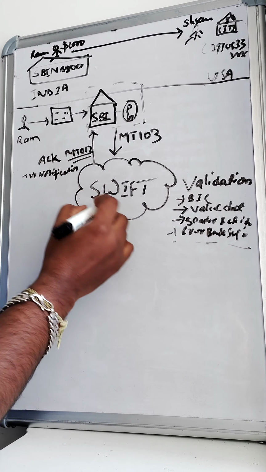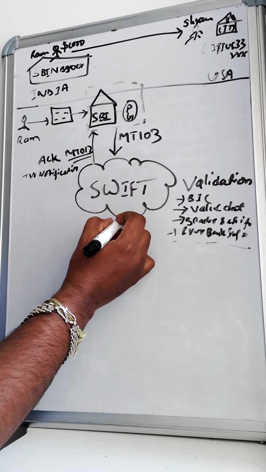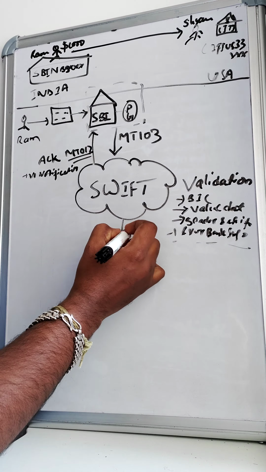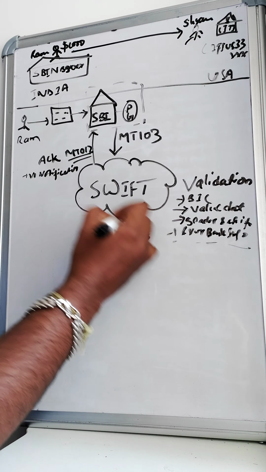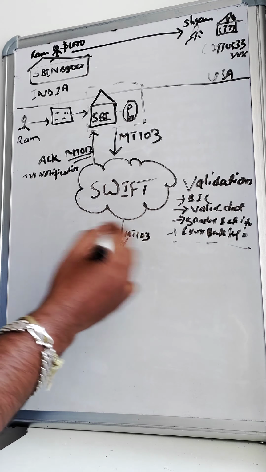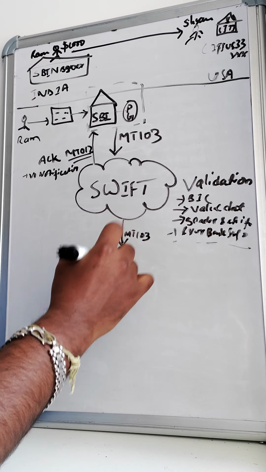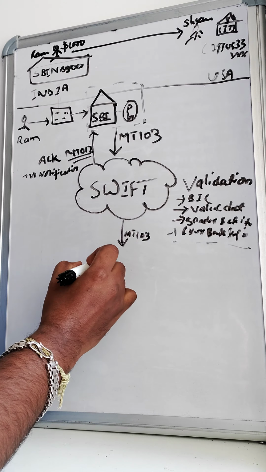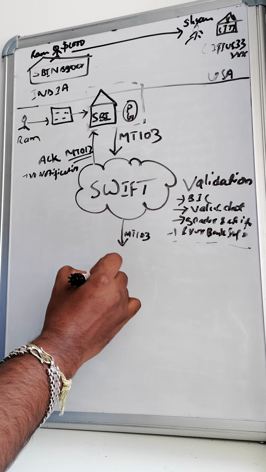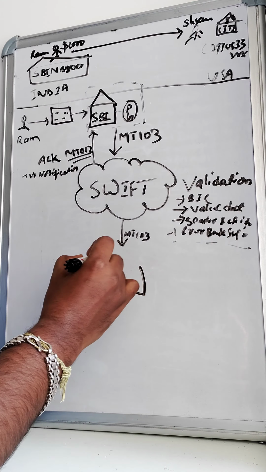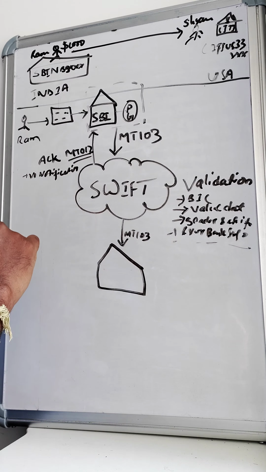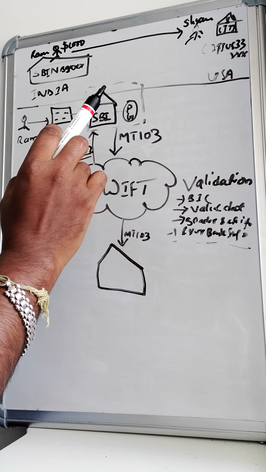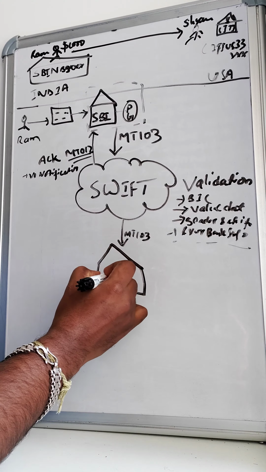And Swift in return will then transfer this same MT103 message to the receiver bank, right? So in our case, it is nothing but City US.